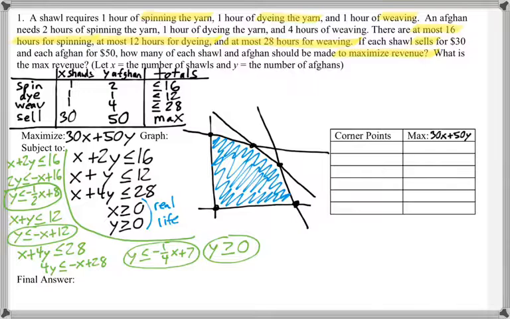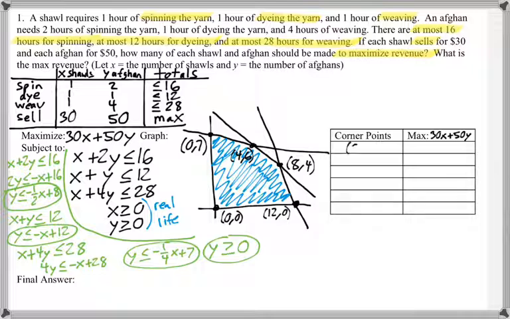So now I want to label my corner points on my graph. We have (0, 0), (0, 7), (4, 6), (8, 4), and lastly (12, 0).